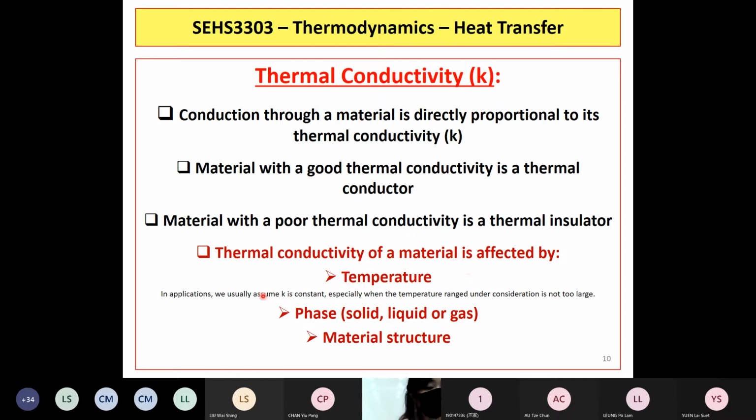We usually assume K is constant because, as I taught you, we are usually dealing with solids in conduction.